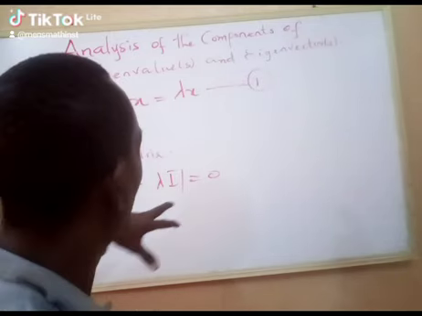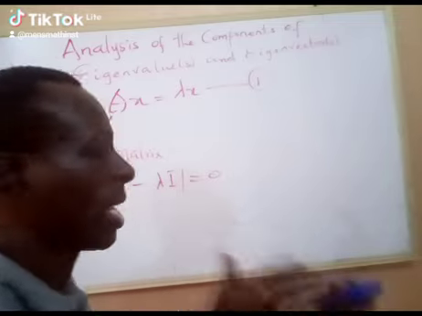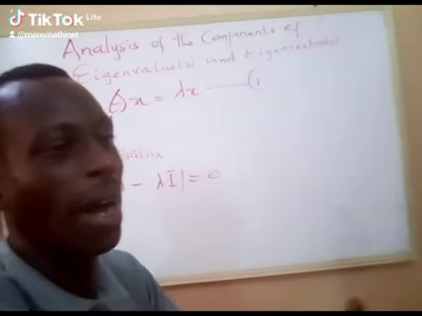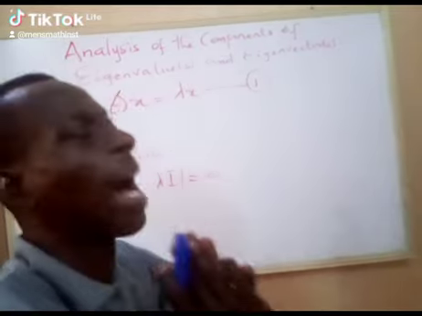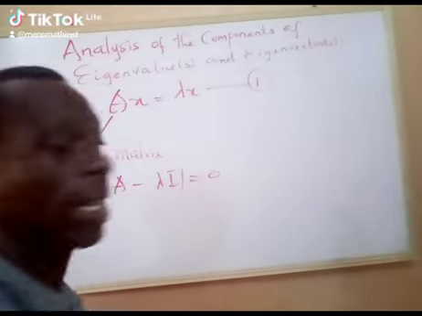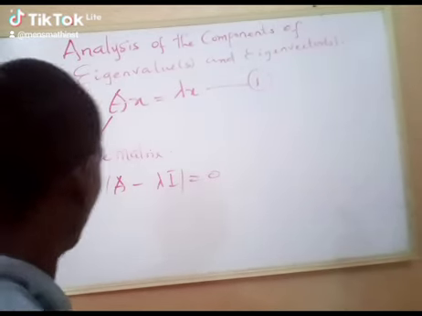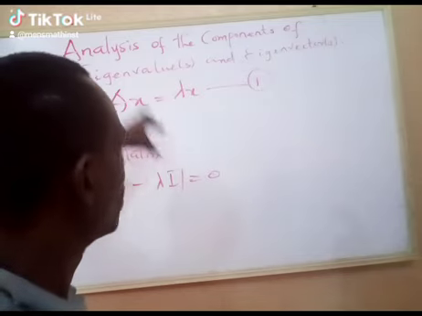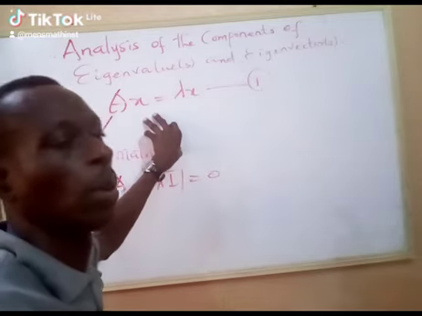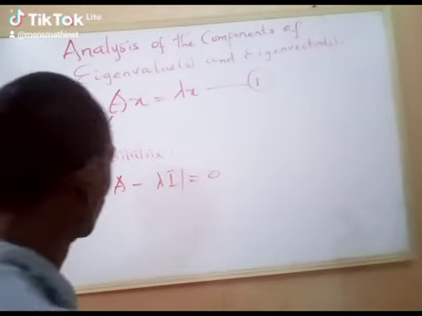The inclusion of that determinant shows that only a square matrix can have a determinant, because a rectangular matrix does not have a determinant. That has been the backbone for the limited inclusion of the square matrix in the study of eigenvalues and eigenvectors.